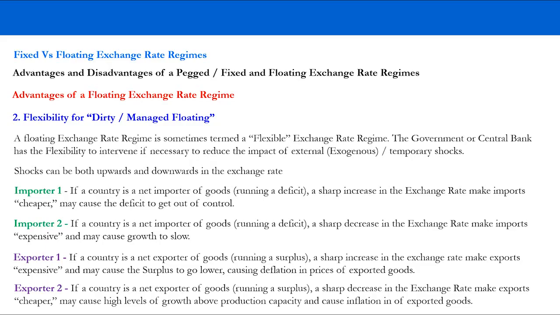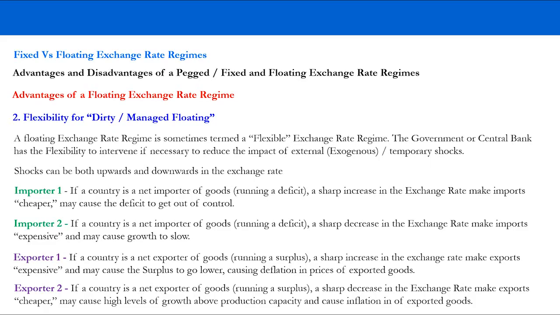So if you have a floating exchange rate, you actually have the flexibility to intervene whenever you want and not stick to a certain set of guidelines or rules as set out by the fixed regime. So a floating exchange rate is sometimes called a flexible exchange rate regime, whereby the government or central bank has that flexibility to intervene if necessary.